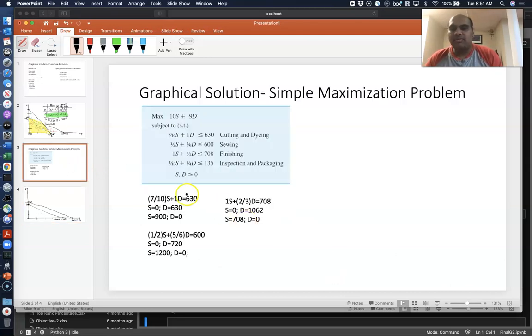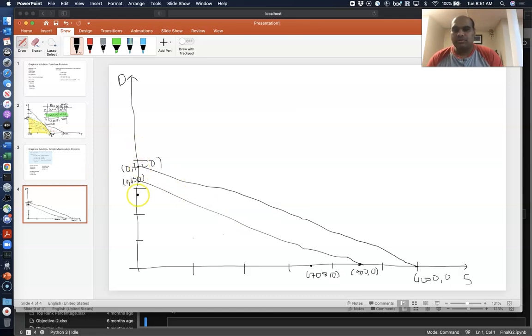And the other one was 0, 1062. So this is 200, 400, 600, 800, 1000, let's say 1200 right here. So 1062 will be somewhere over there.